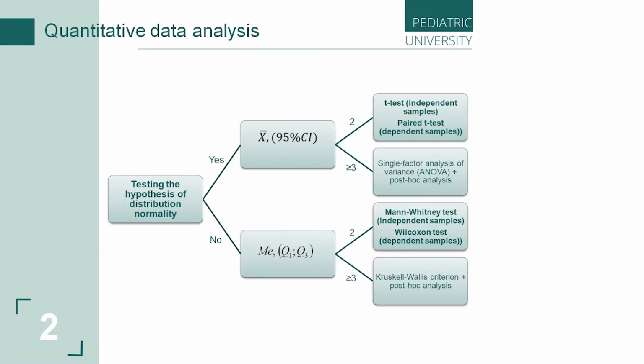So, we begin our analysis of quantitative data by testing the hypothesis that the distribution is normal. If our hypothesis is confirmed, we can say we accepted the null hypothesis. Then what is next?